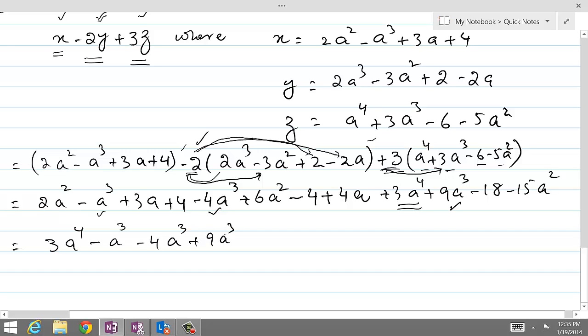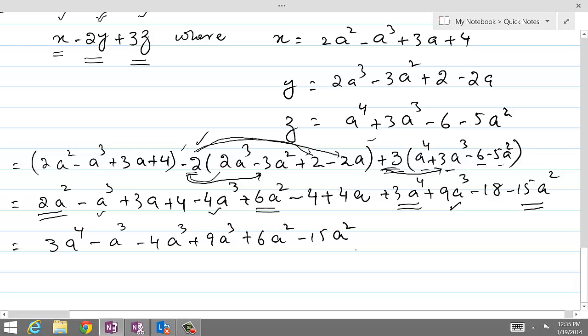So we are done with a power 3, and now we look for the terms involving a square. Here is a square, here is a square. These are the only two terms. So plus 6a square and minus 15a square. And there is one more term here, plus 2a square in the start.